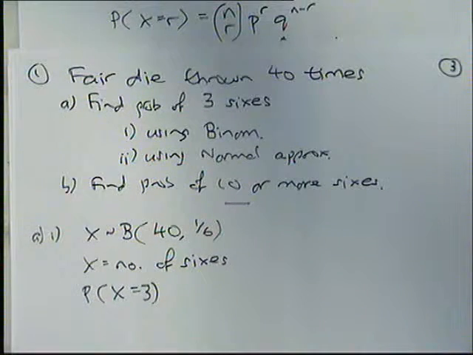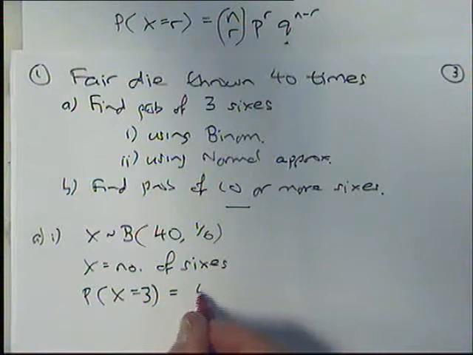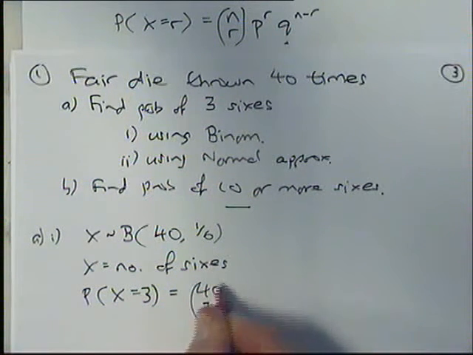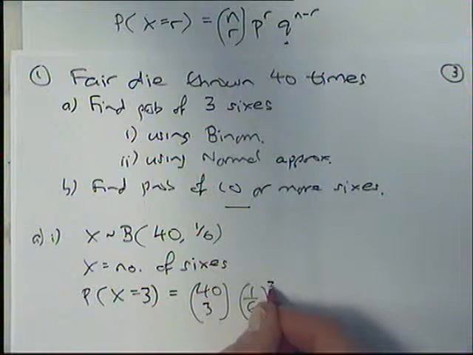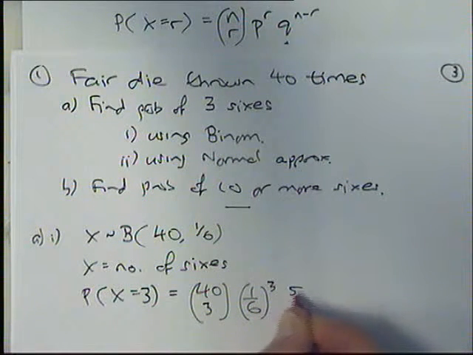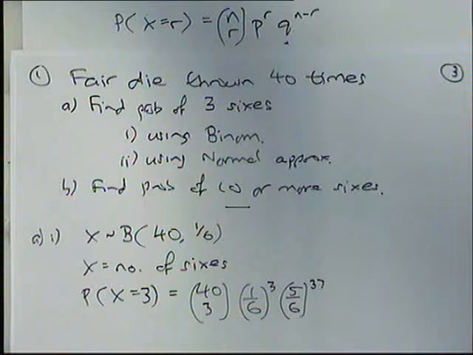Using the formula at the very top of the board, that's going to be 40 choose 3, p to the 3, (1 minus p) to the 40 minus 3.